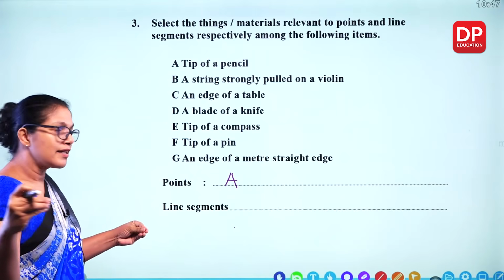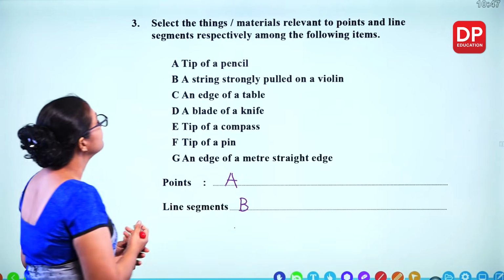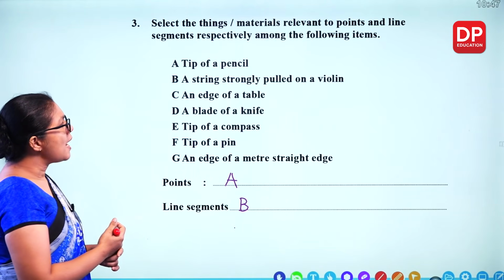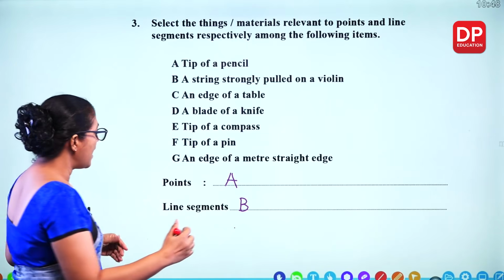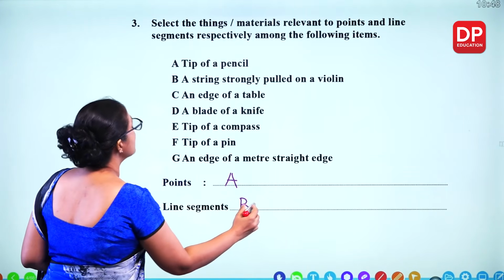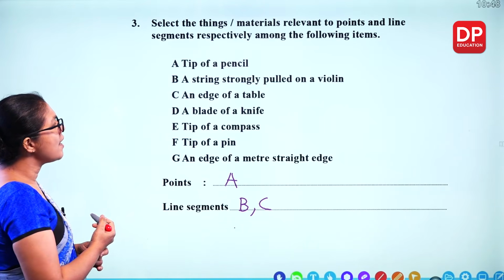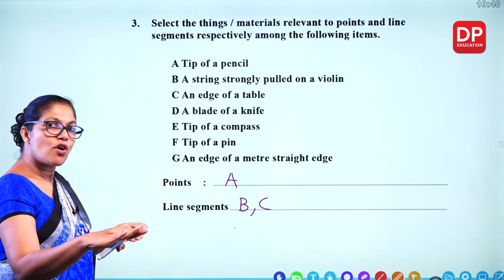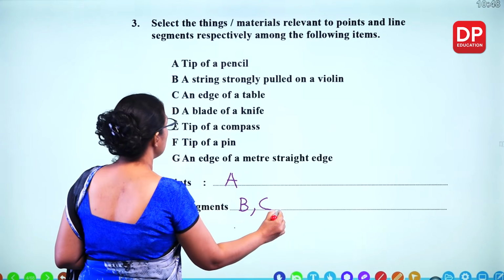A string, so that's a line segment. An edge of a table. Edge means you get a line, so that's a line segment. A blade of a knife. Blade is also a line segment.